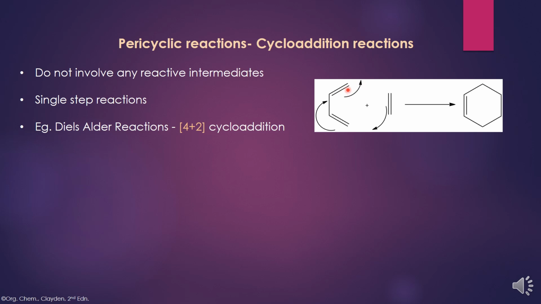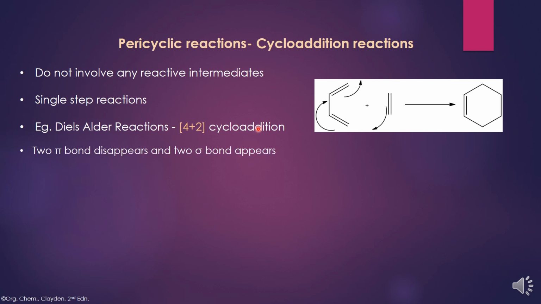Since one reactant includes 4 and the other has 2, it is a 4+2. So these reactions are always 4+2 cycloaddition reactions. Apart from this, there are different cycloaddition reactions like 2+2 and 3+4. We can see them later in different videos regarding cycloaddition reactions.